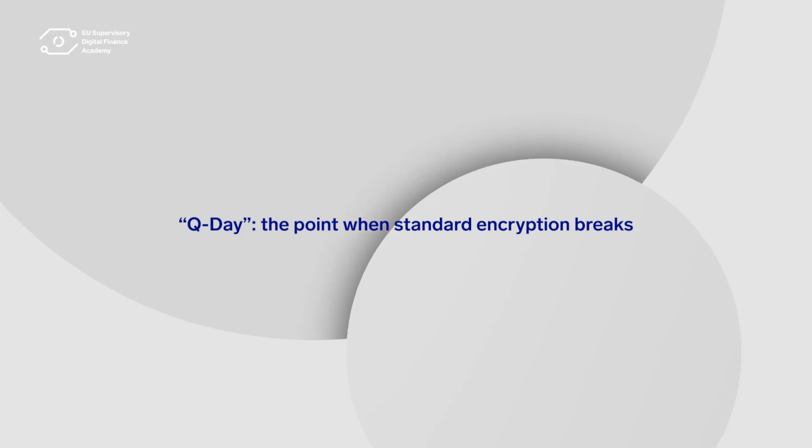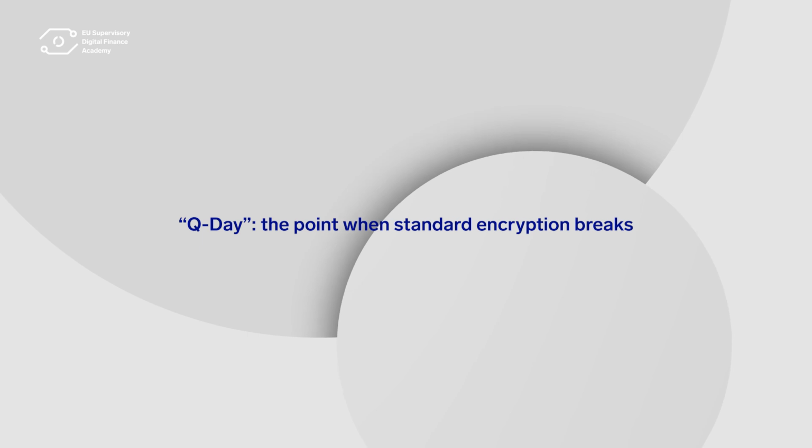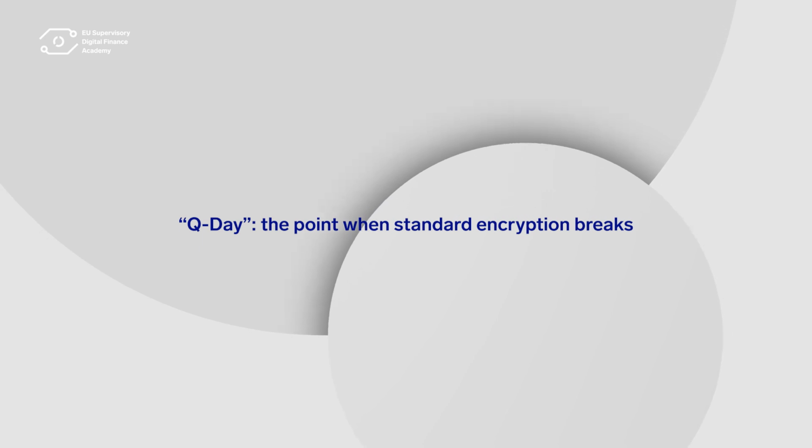You may have heard of so-called Q day. This is the point when standard encryption being used today breaks through a quantum computer which is powerful enough to break it. We don't know when that's going to happen. We don't know when Q day is. You can talk to some of the most enthusiastic exponents of quantum computing, and they all say 2030, which is not very long.